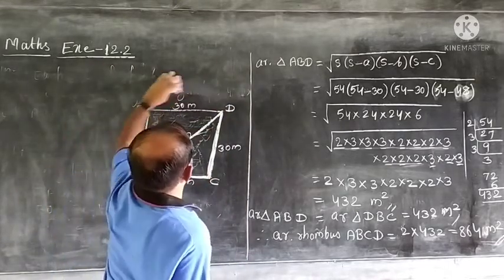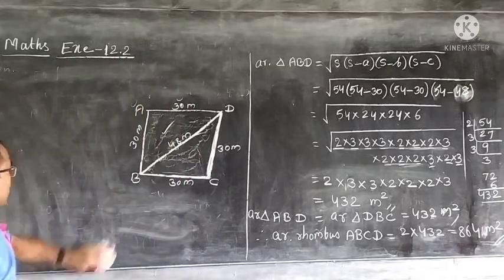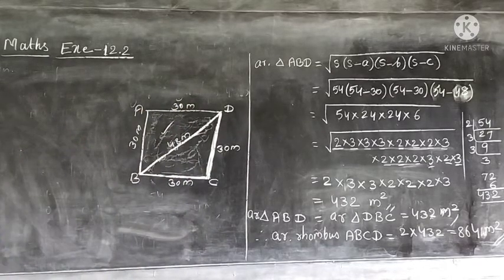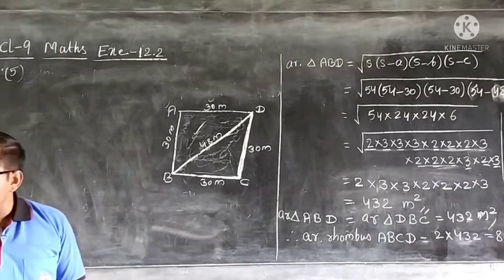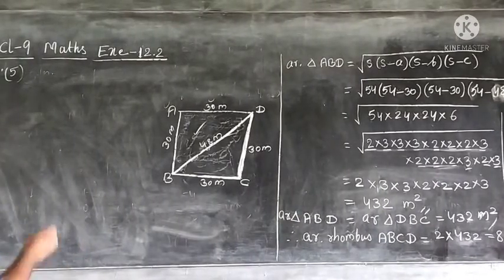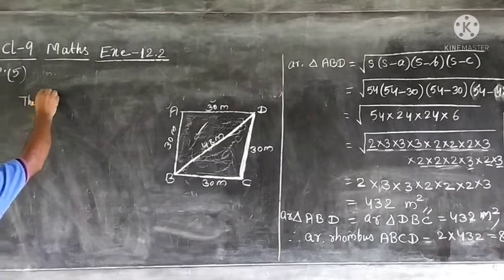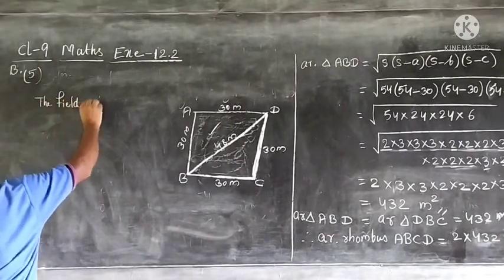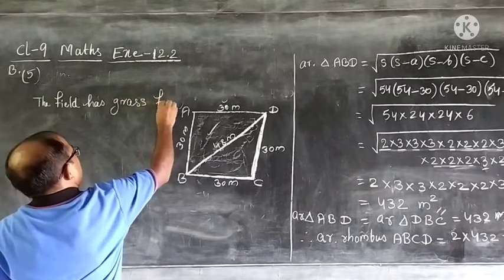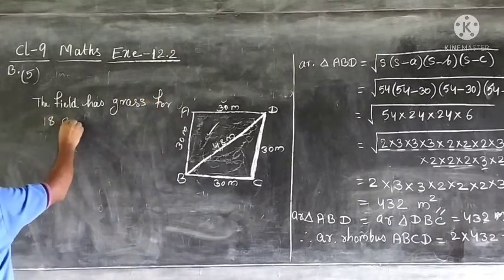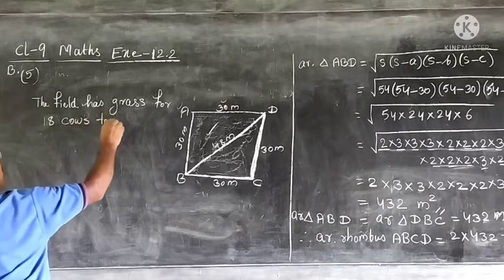The question itself is telling here, once more we can read that sentence. A rhombus field has green grass for 18 cows to graze. The field has grass for 18 cows to graze.